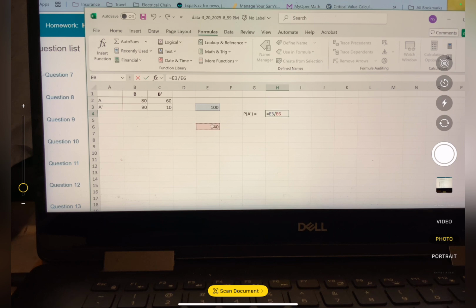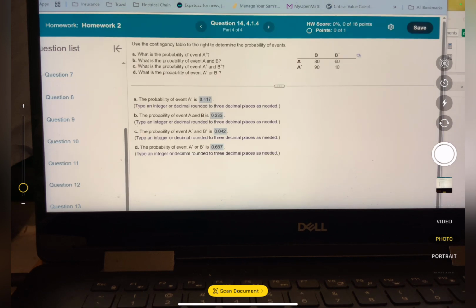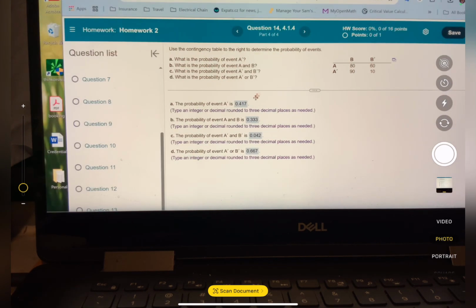And that is going to be equal to 0.4166, rounding to 0.417.